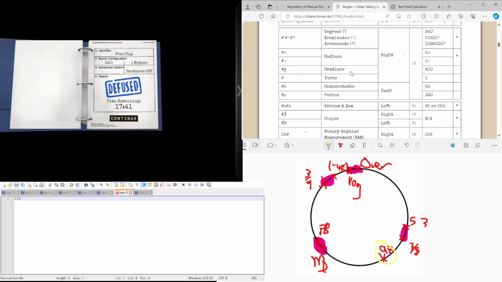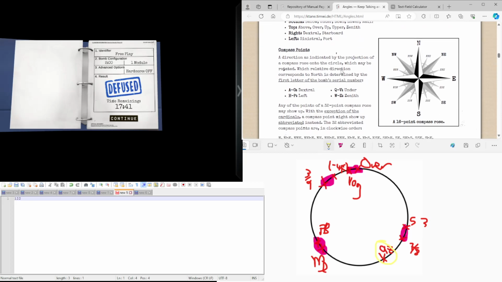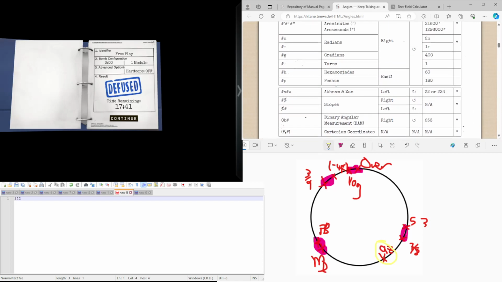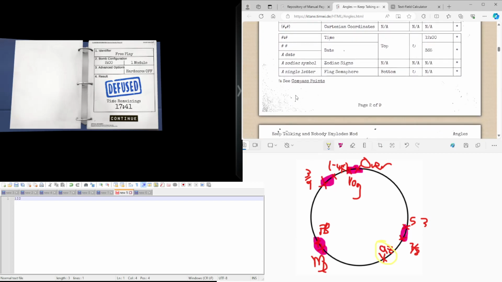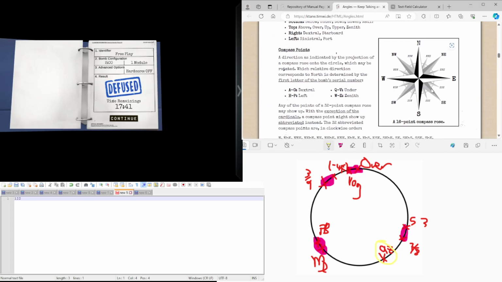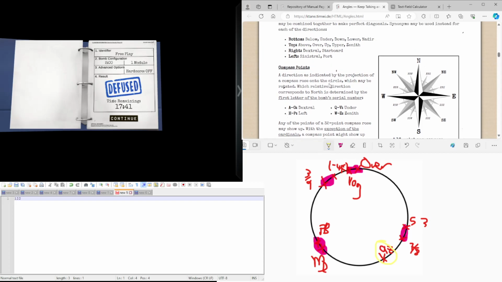Starting off with compass points. Compass points is interesting and it plays into hexacondates and peckers, as you can see here. Because this 16-point compass rose might not be pointing in how you see it here.